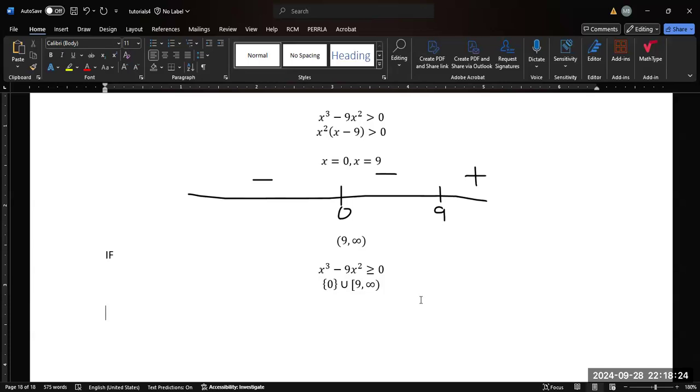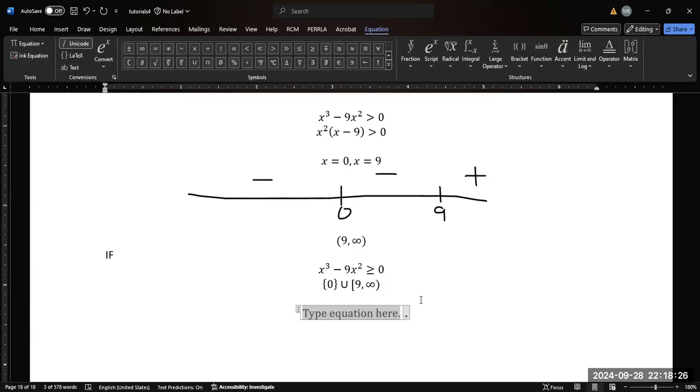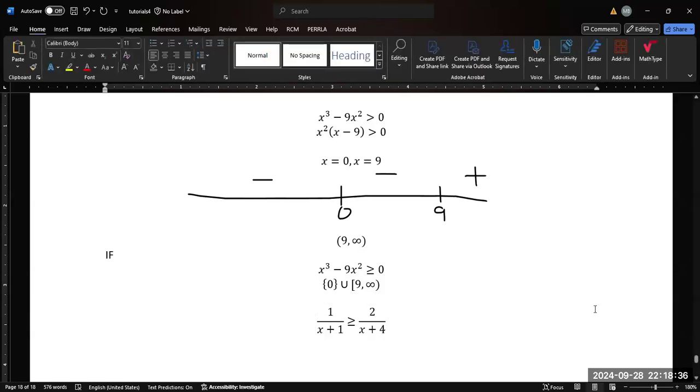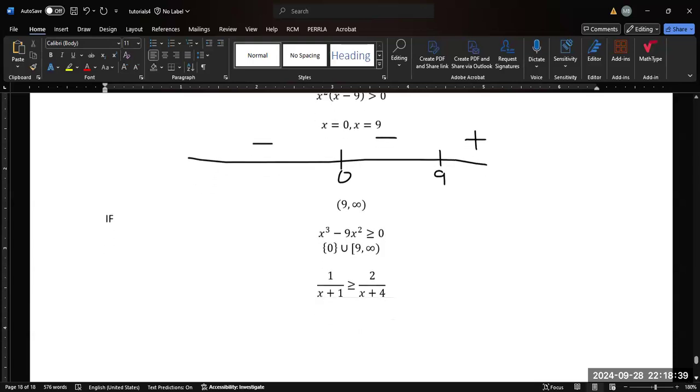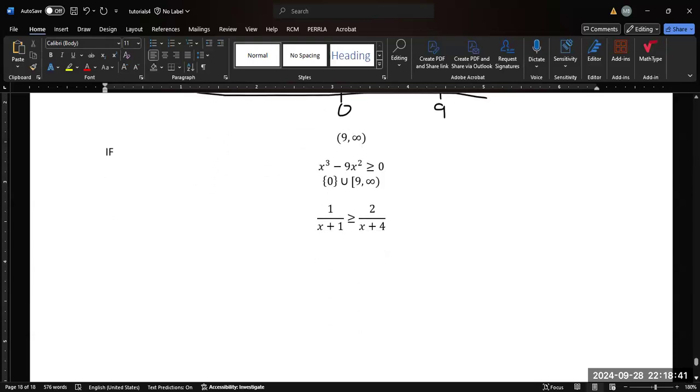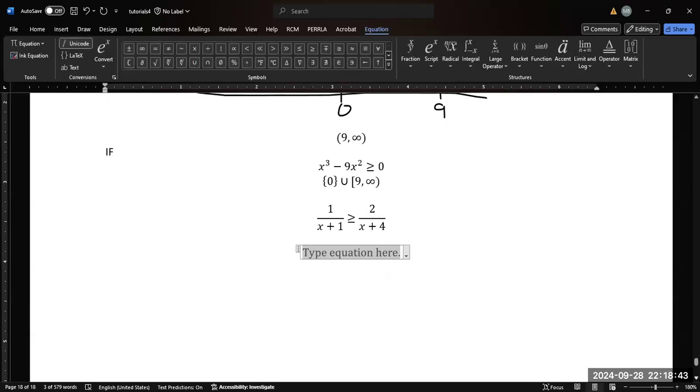Now let's look at a rational example. Now, as with the polynomial cases, we want to work with 0. So we want to move everything over to one side of the equation.